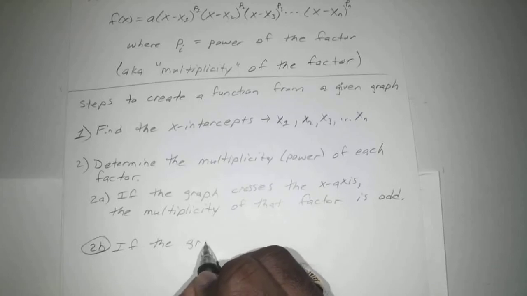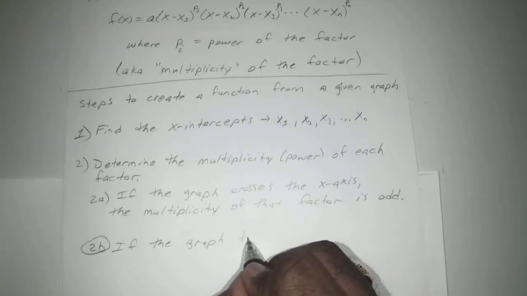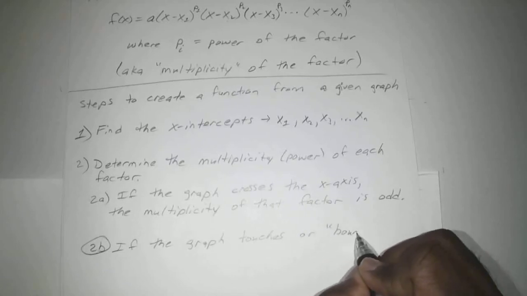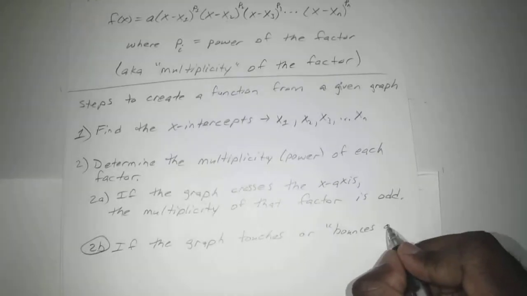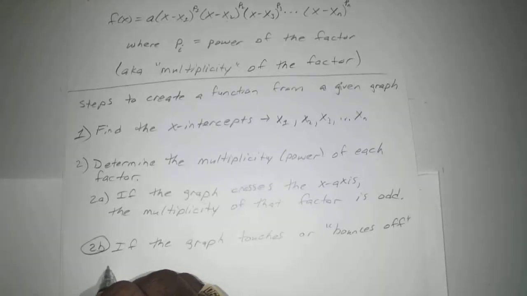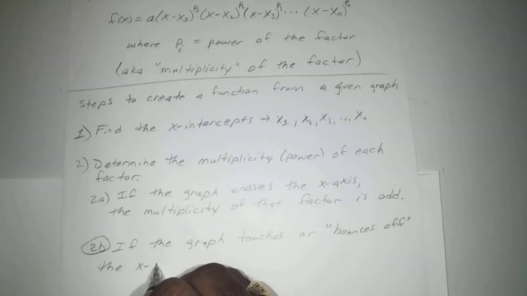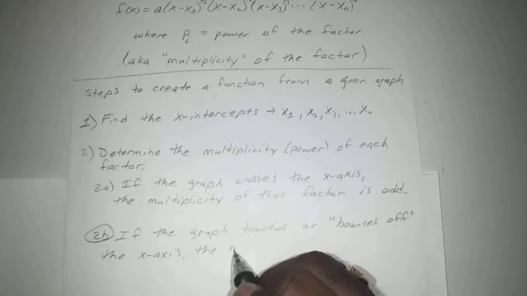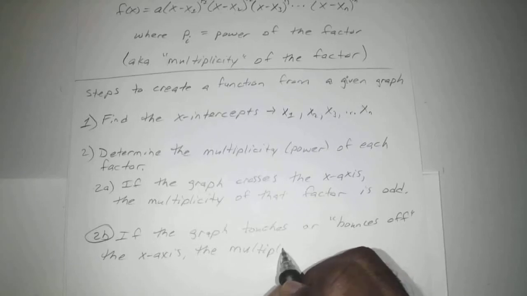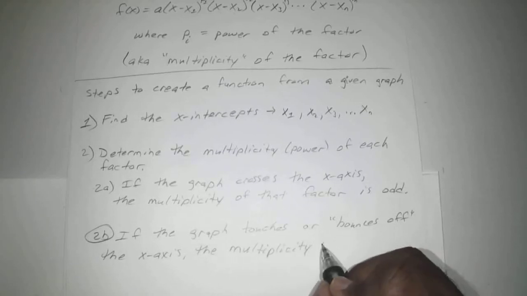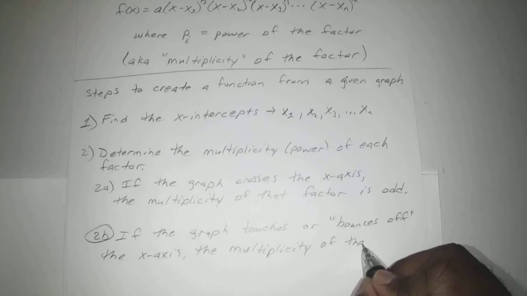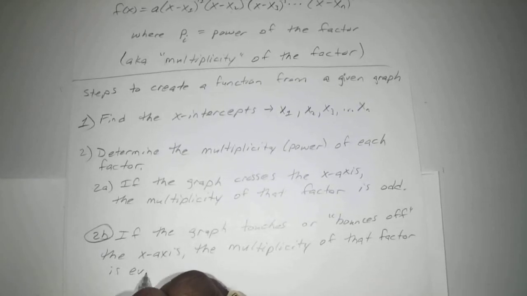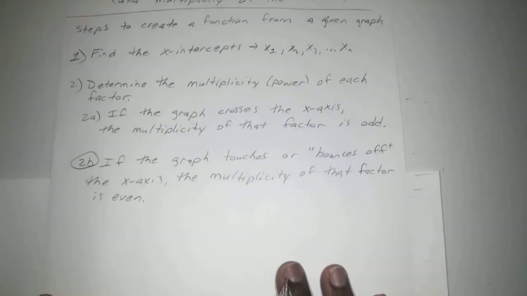So if the graph touches or bounces off the x-axis, the multiplicity of that factor is even.